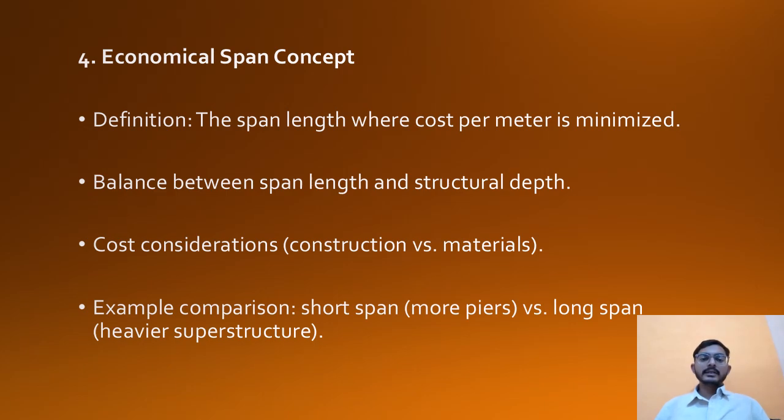Its features include balance between span length and structural depth, and cost consideration like cost of construction versus materials, meaning what type of materials are used while constructing. For example, in a comparison of short spans with more piers versus long spans with heavier superstructure: short span bridges require more piers to hold the decks, and long span bridges require a heavier superstructure which has to carry the load.